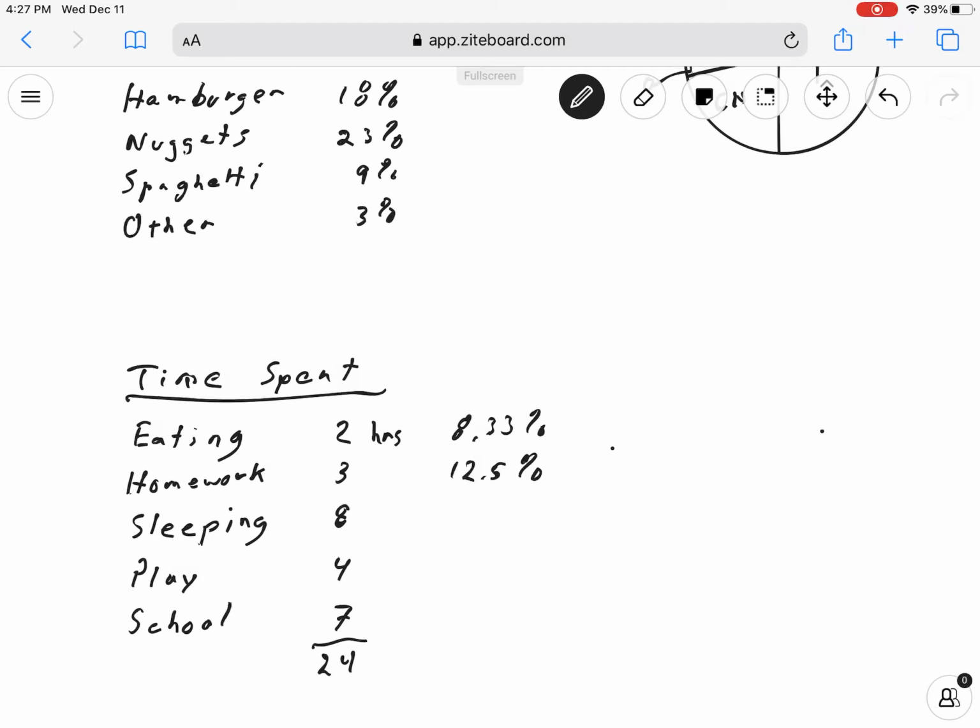And then we have 8 divided by 24, which is 33 1/3%. 4 divided by 24, which is 16.67% rounding. And then 7 divided by 24, which is 29.17%. And again, we can make our pie chart now.